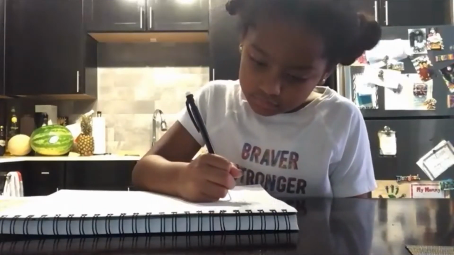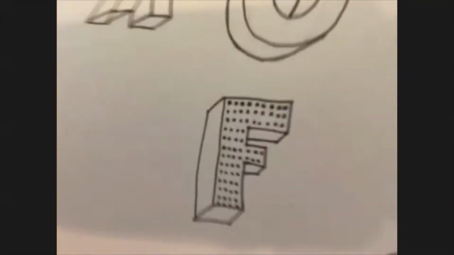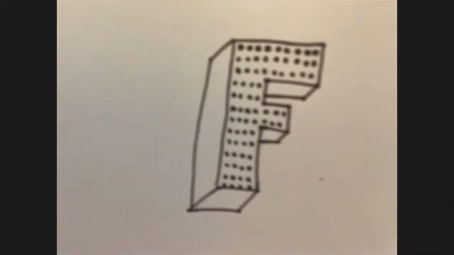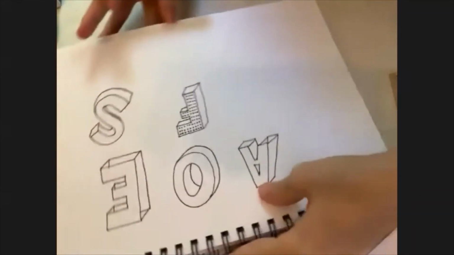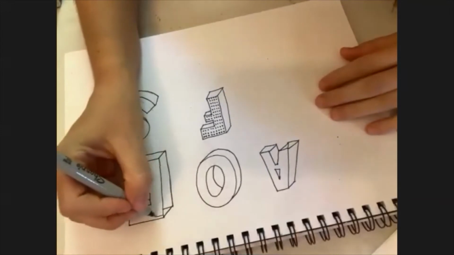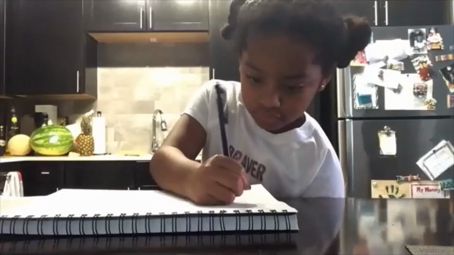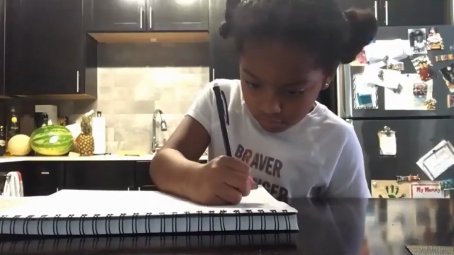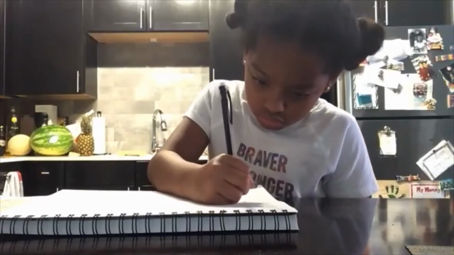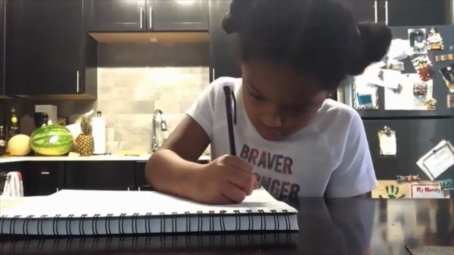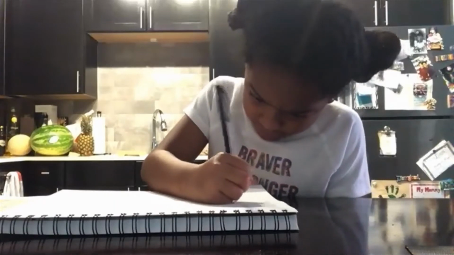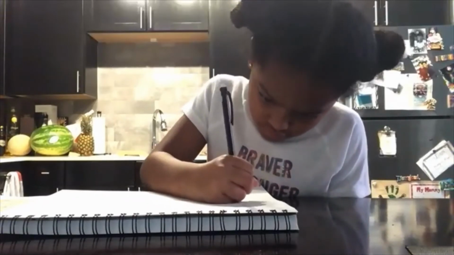See that F with all the little dots? You can do like lines. Lines in your letters like that.